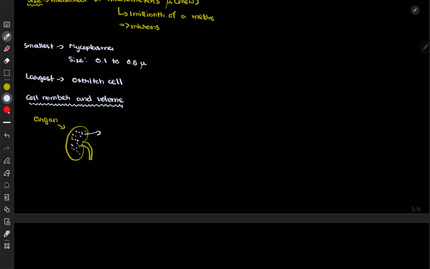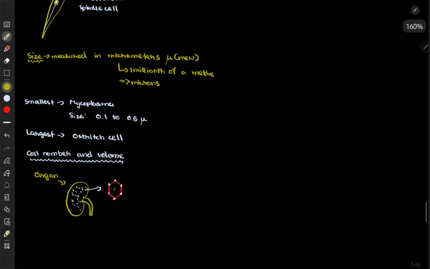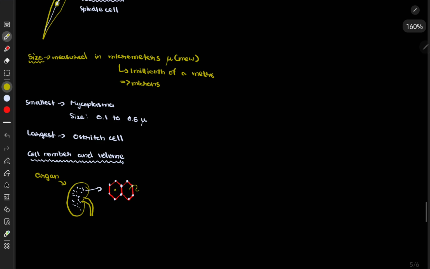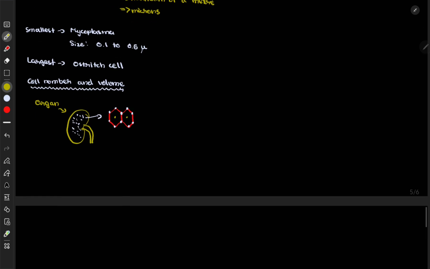Now, let's say we take a magnified view of it. We have many cells like this, like this, like this.